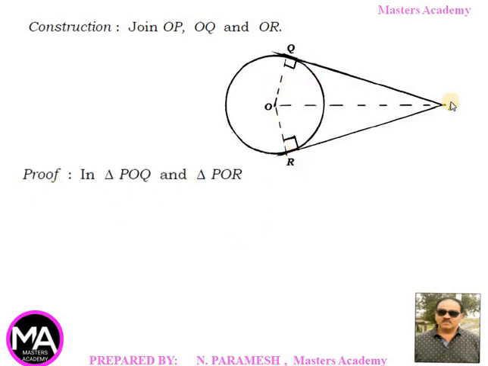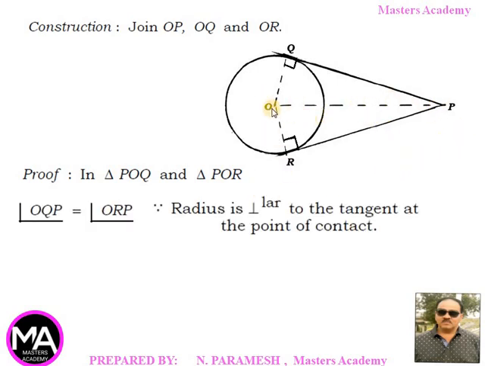Proof: in triangle POQ and triangle POR, angle OQP is equal to angle ORP is equal to 90 degrees. Reason: radius is perpendicular to tangent at the point of contact. OQ is equal to OR.